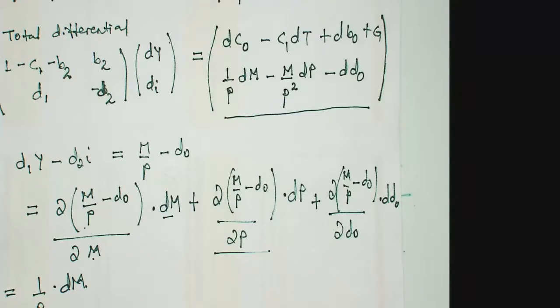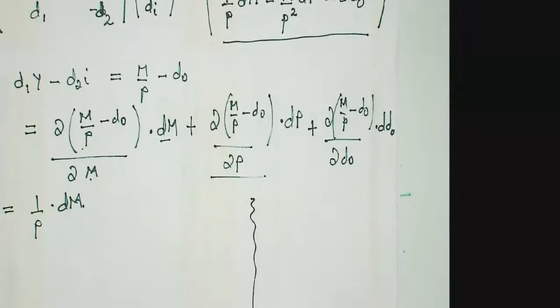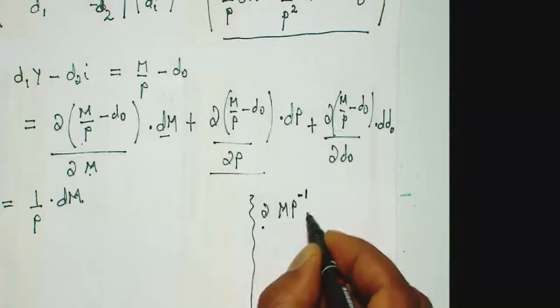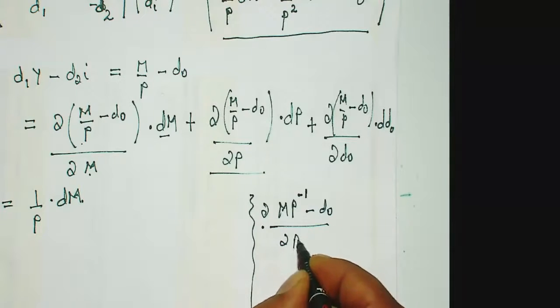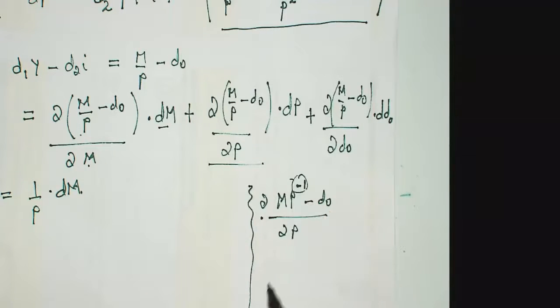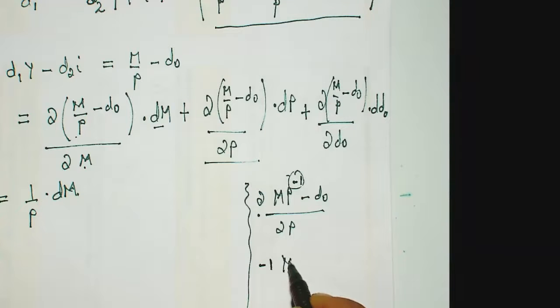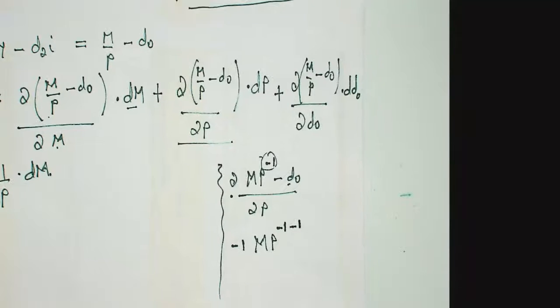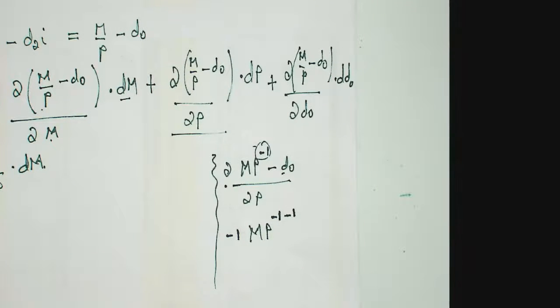For the second term, if we take the derivative of M over P with respect to P, this is again the product rule, so we are actually taking the derivative of M P raised to minus 1, minus D0, with respect to P. This is usually done by taking the minus 1 to the front, so it will give us minus 1 M P to the power of minus 1 minus 1, and the minus D0 is not going to be a problem anymore.